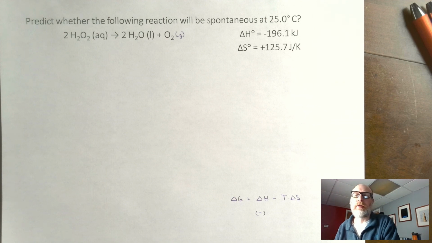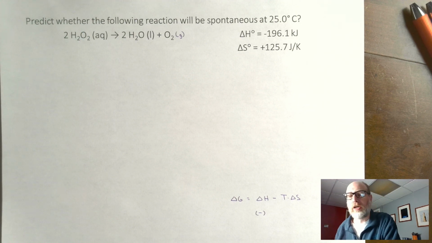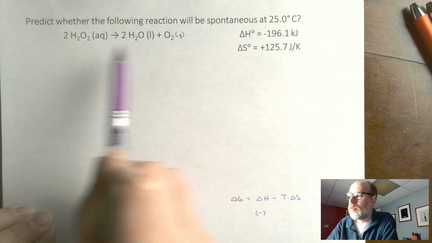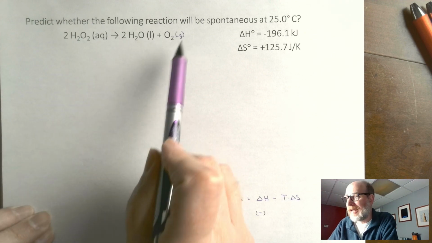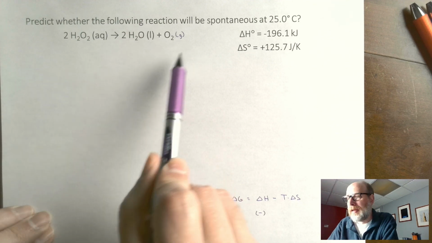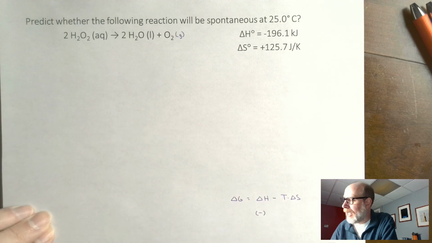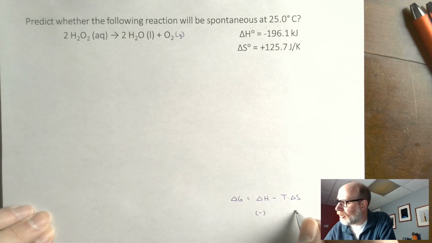Remember we talked about how conceptually you can think about that in terms of disorder, but in reality it's how can we spread the energy out, and if you can spread the energy out more, that's more favorable. So we would look at this and we'd go from 2 molecules to 3, and one of them is a gas as opposed to these liquid phase species. So gases tend to have more entropy. So we would predict that entropy change would be positive.